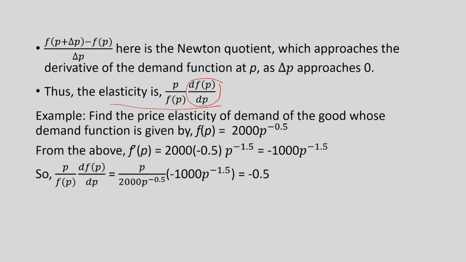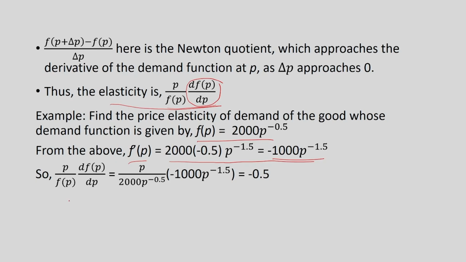So, here is a concrete example. Find the price elasticity of demand of the good whose demand function is given by this. As you can see, f(p) is a function of price, 2000 multiplied by p to the power minus 0.5. We are going to use this particular formula. For that, I need to find out what is the derivative f'(p), and this is by using the power rule, this turns out to be minus 1000 p to the power minus 1.5.